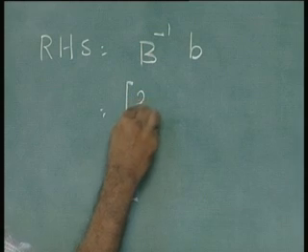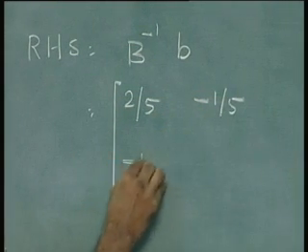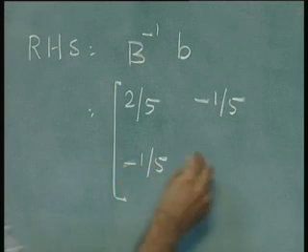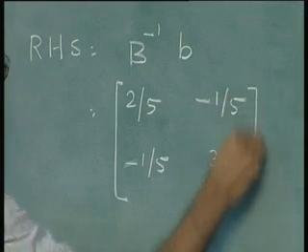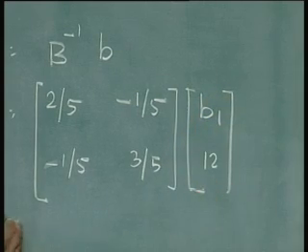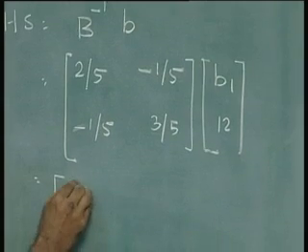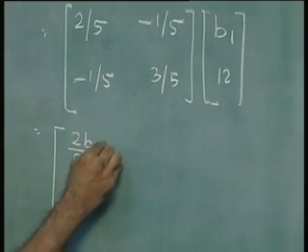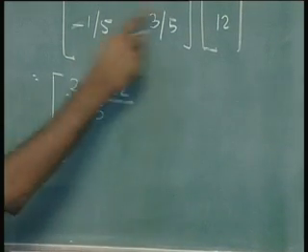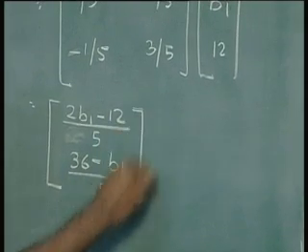So you could read b inverse from 2 by 5, minus 1 by 5, minus 1 by 5 and 3 by 5, into b1, 12. So the right hand side values will become (2 b1 minus 12) by 5, (36 minus b1) by 5.